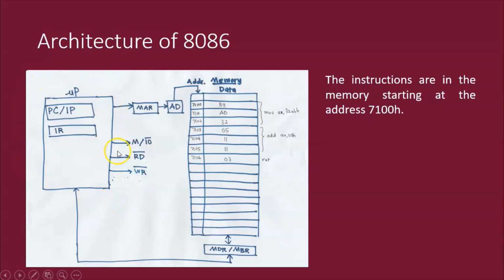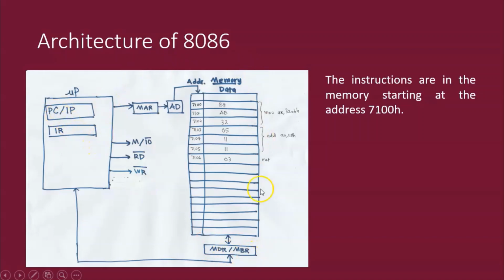This is our micro-P. This is the pin out of a microprocessor, and then we have memory address register, address decoder, and then we have the address of memory here and the data inside the memory. And this one is memory data register or memory buffer register.